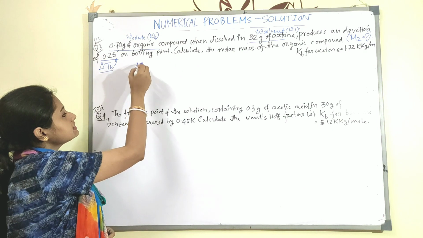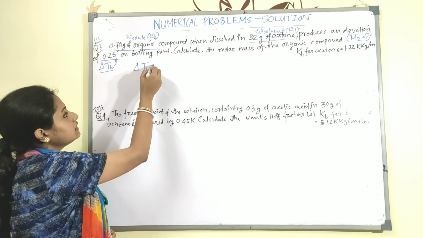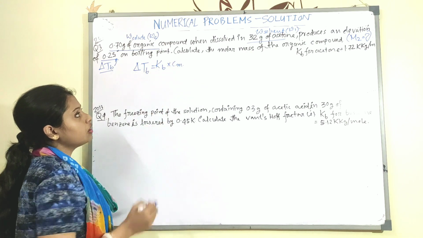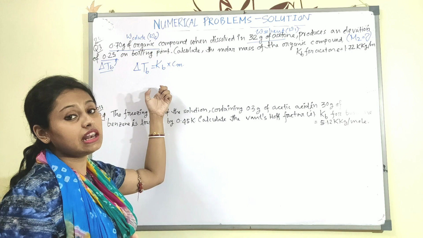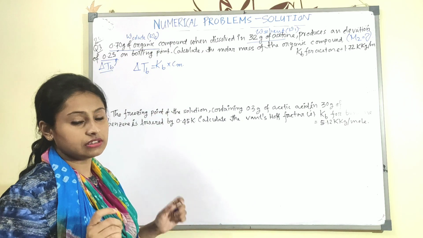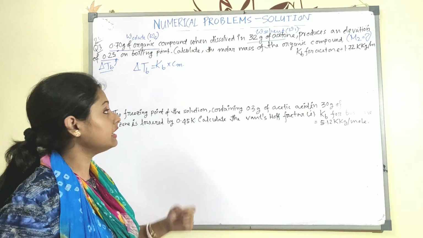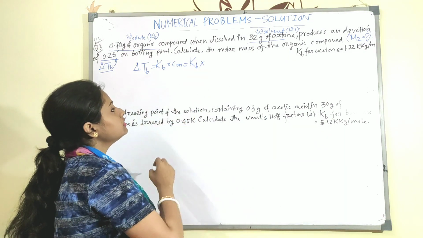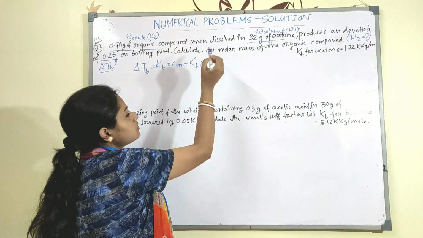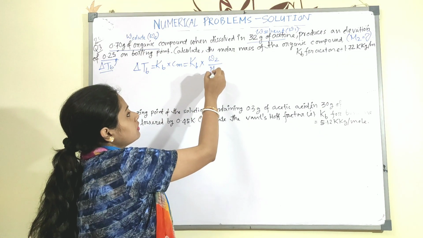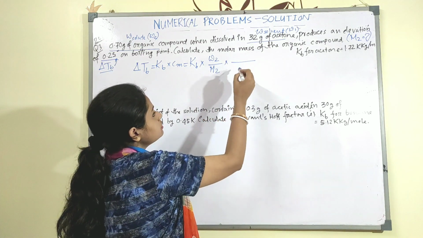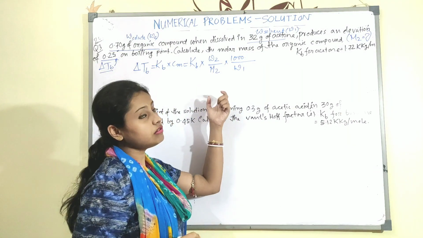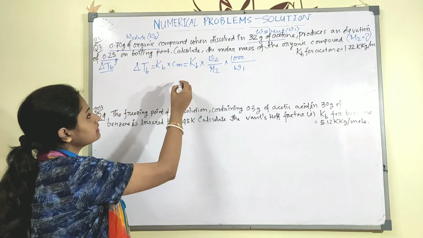The formula is delta TB equals to Kb into Cm, where Cm is the molar concentration of the solution. This part we have already modified, so I am not going into details. Kb into Cm, that is weight of solute W2 by M2 into W1 by 1000. So now let us put the data over here.